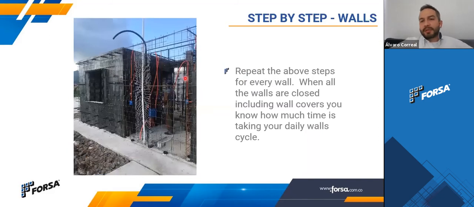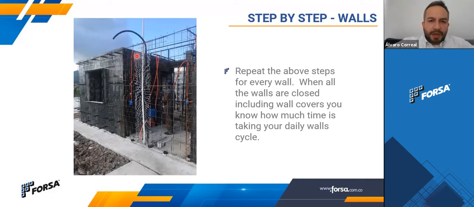So you repeat the above steps for every wall. In this picture, you can see this is another system. This has only 1, 2, 3, 4 ties. Maybe it's the Force Plus, but it's a higher one, so it doesn't require 2 but 4 ties at height.